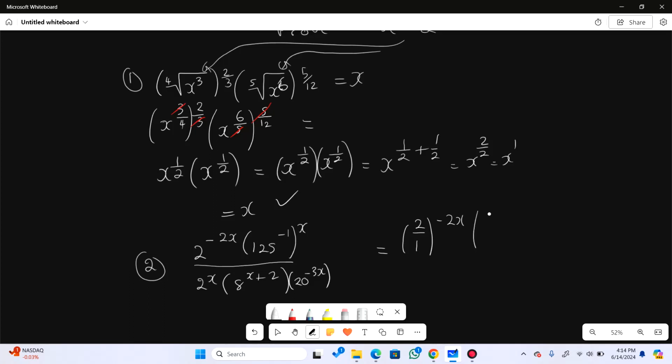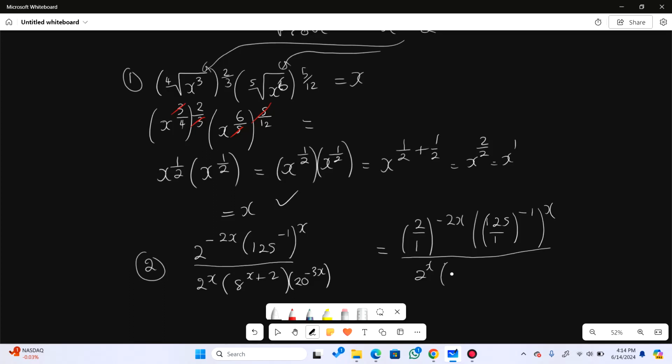And then we will have this one here, which is 125 over 1 raised to the power negative 1, then x, all divided by 2^x.